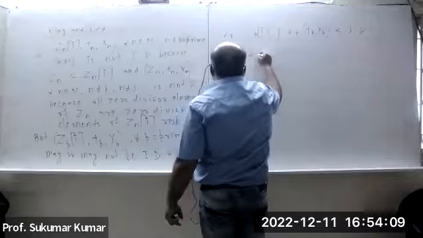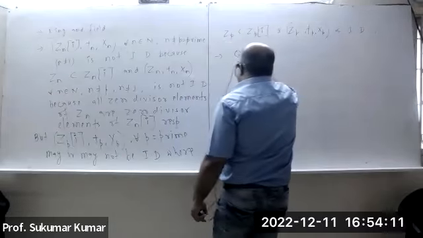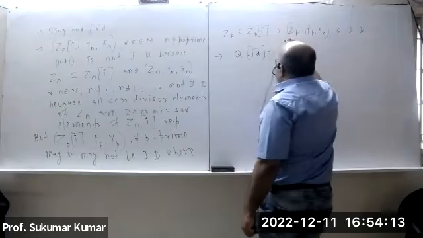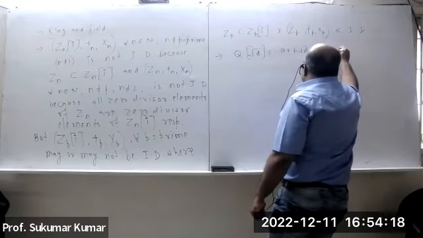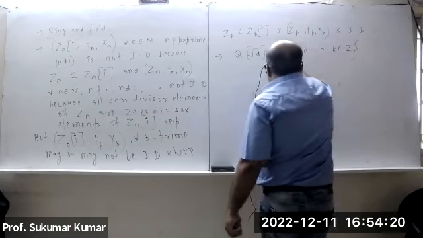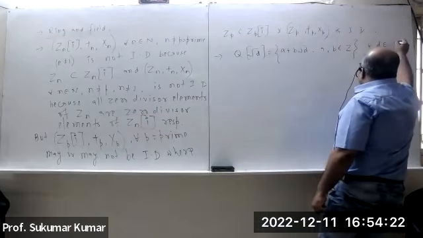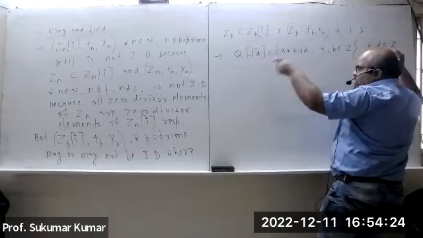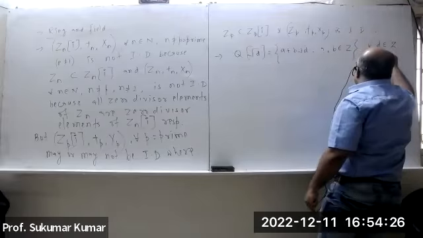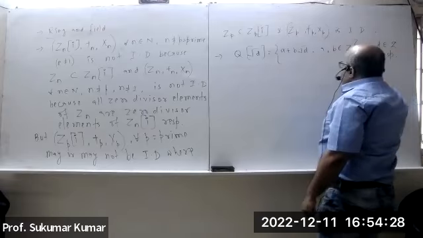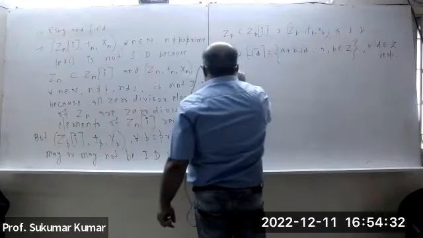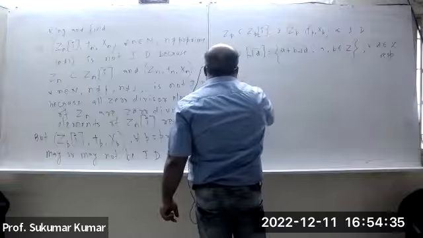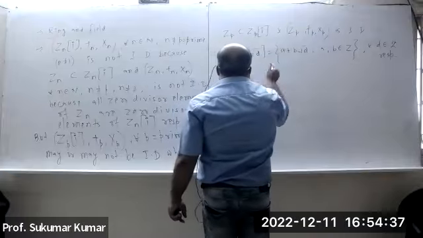Q box root D type field we will see in the next class. Which type of elements it has, we have to use in more places. So before that I am writing: Q box root D elements are of the form A plus B root D, and this is a field. Field is still not covered. So just think this is a commutative ring with unity.